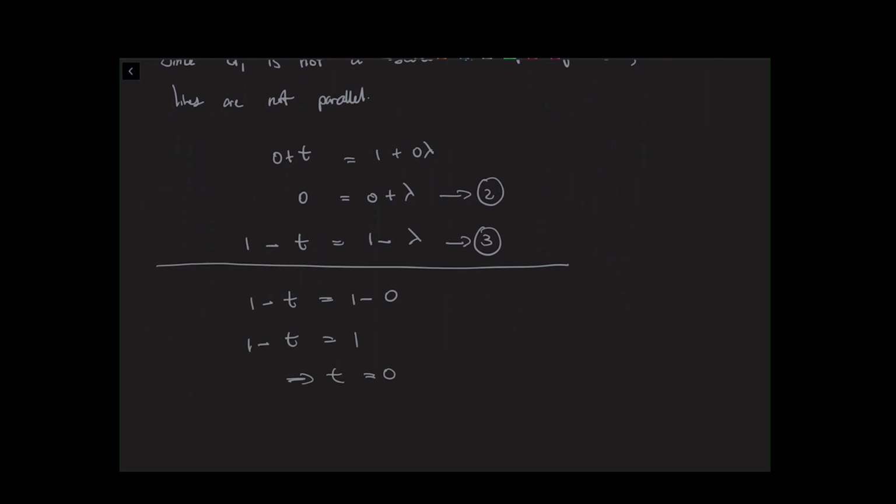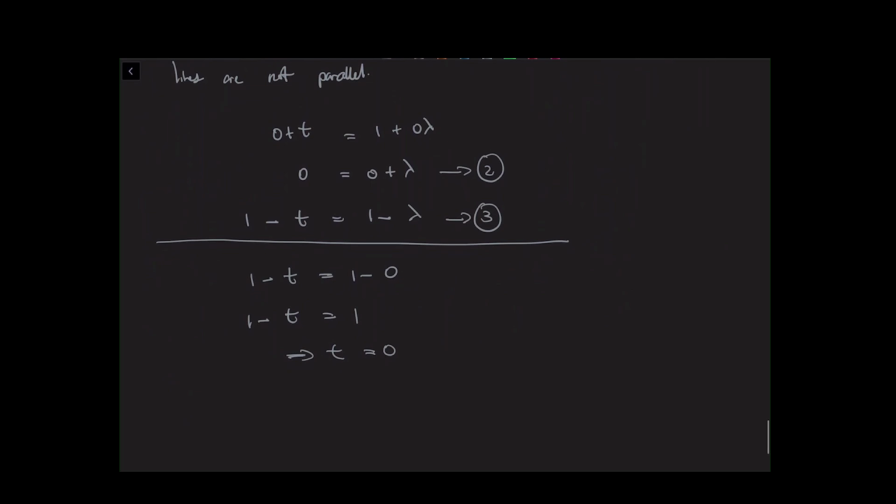So put t is equal to 0 inside equation number 1, and lambda equal to 0. We'll get 0 plus 0 is equal to 1 plus 0, and 0 is equal to 1, which is impossible.